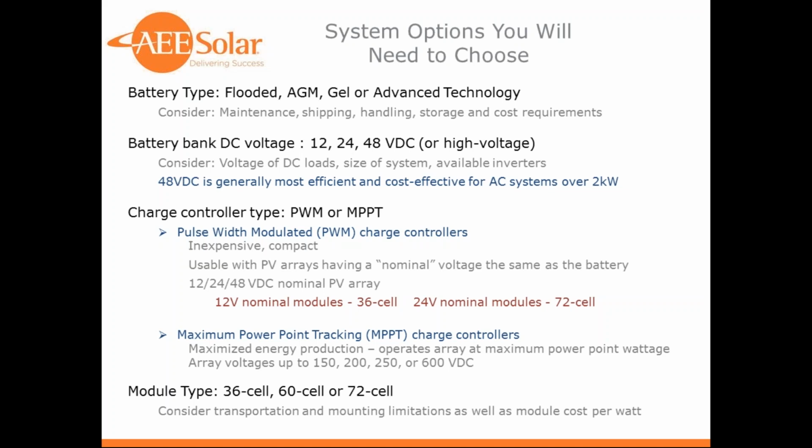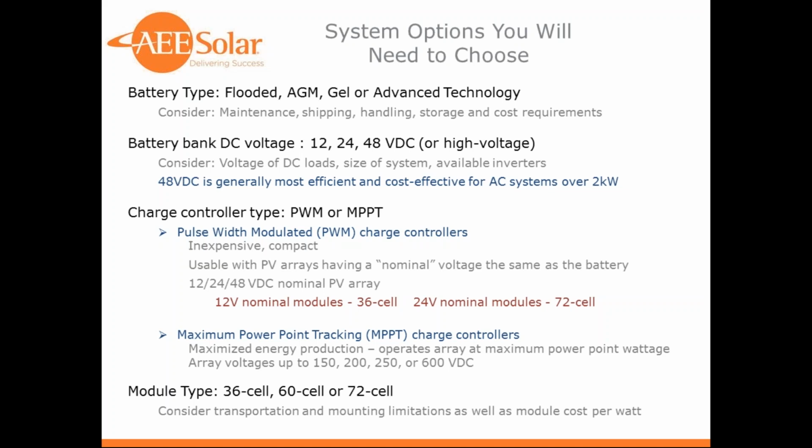But smaller systems can still use pulse width modulated controllers. With pulse width modulated, essentially the PV array voltage has to match very closely what the battery voltage is. So we use either 12 or 24 volt nominal modules. A 12 volt module is 36 cell and a 24 volt is 72 cell. Again, a 60 cell module doesn't really fit in there.